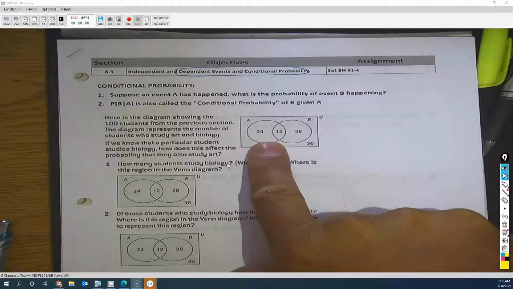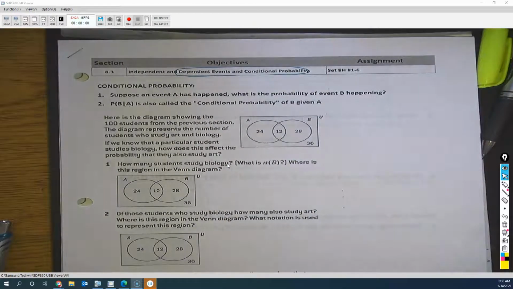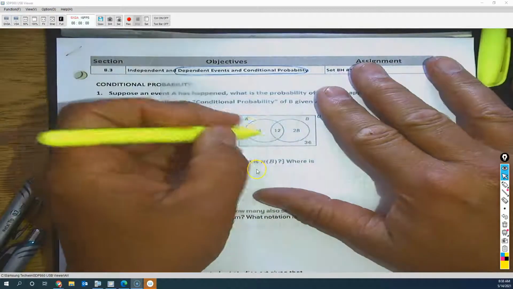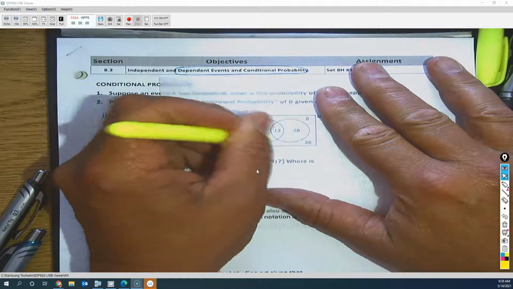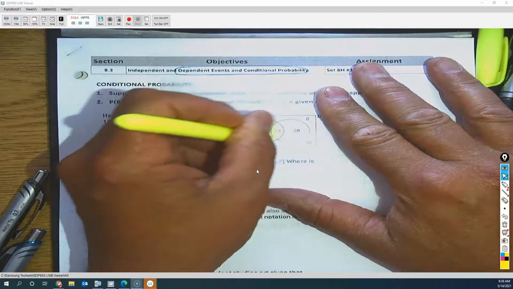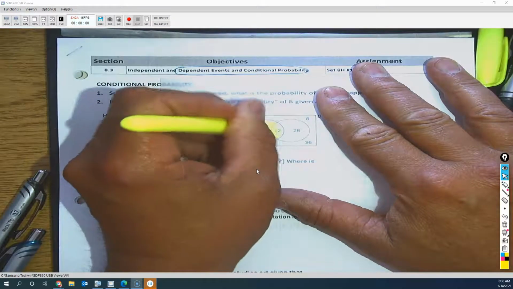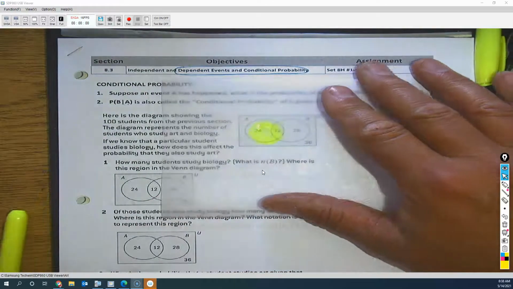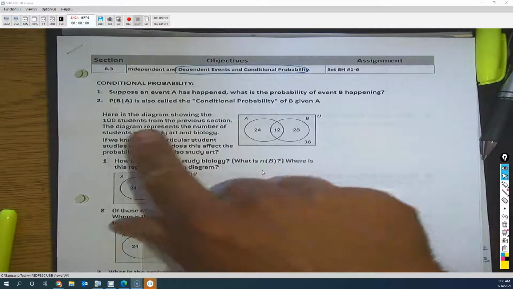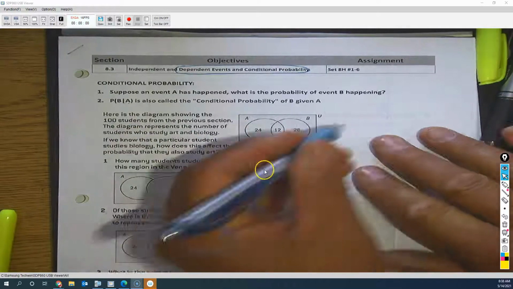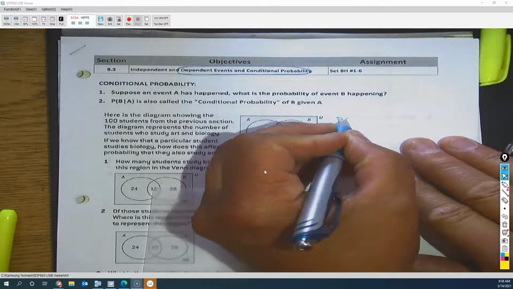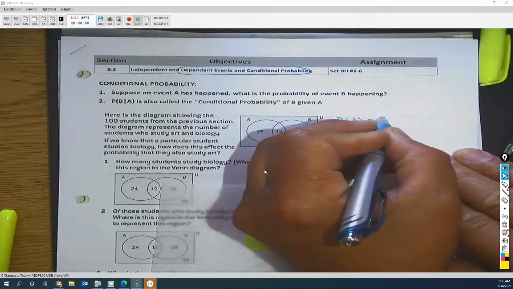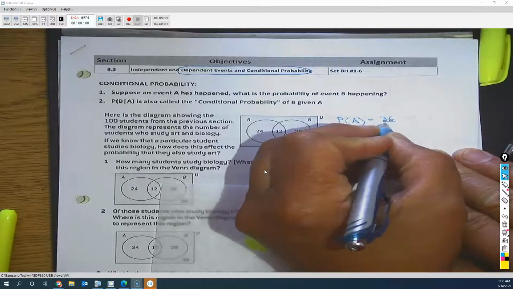Looking at this, what's that probability? Yeah, 36 out of 100. So the probability of A happening would be 36 out of 100.